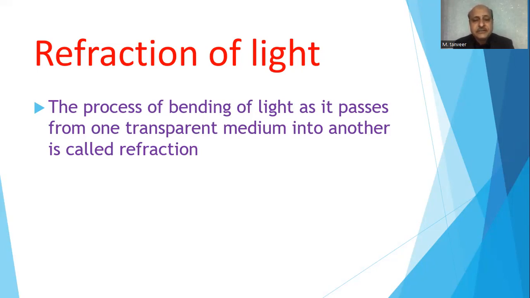All rays of light bounce back from the boundary of the other medium. In refraction, rays of light enter from one medium, for example, from air to water. When these rays of light enter water, they change their path. When rays of light enter from air to glass, they change their path. And this change in path of rays of light is called refraction of light.